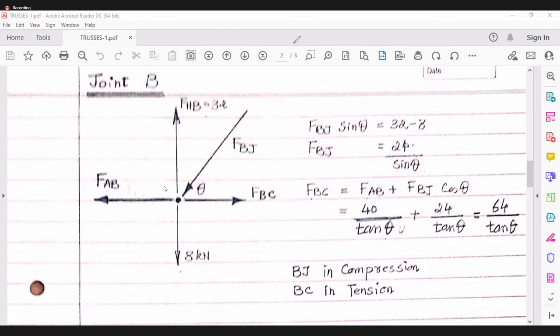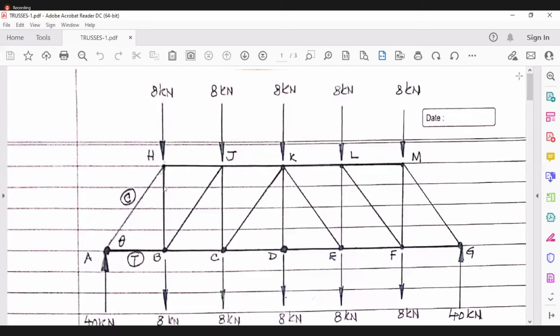And we further know that BJ also is in compression only. Okay. This is in compression.